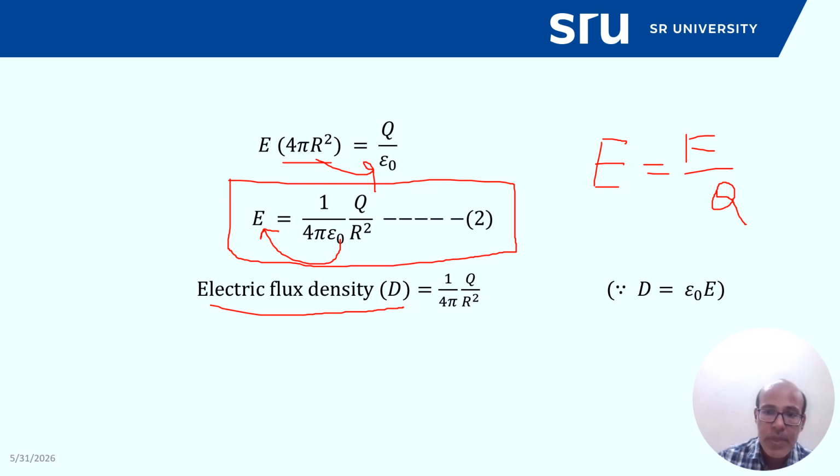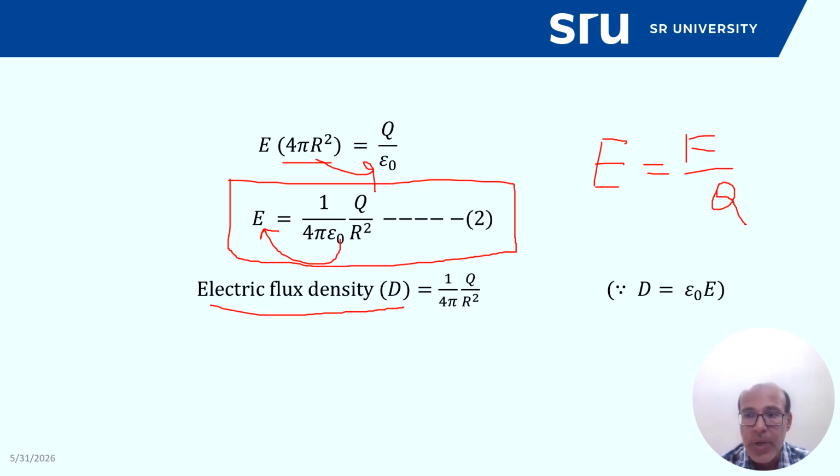So with this understanding, what we have done is we started with the Gauss law of electrostatics, and then we have seen the angle between the electric field, in which direction, and the normal to the surface, in which direction. If both are in the same direction, the angle is zero, and cos zero becomes 1.